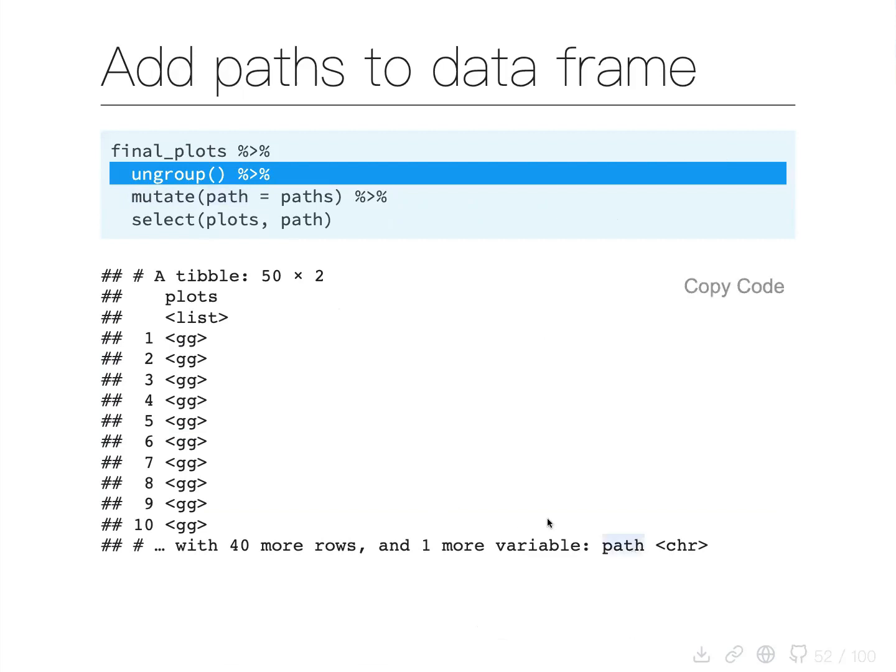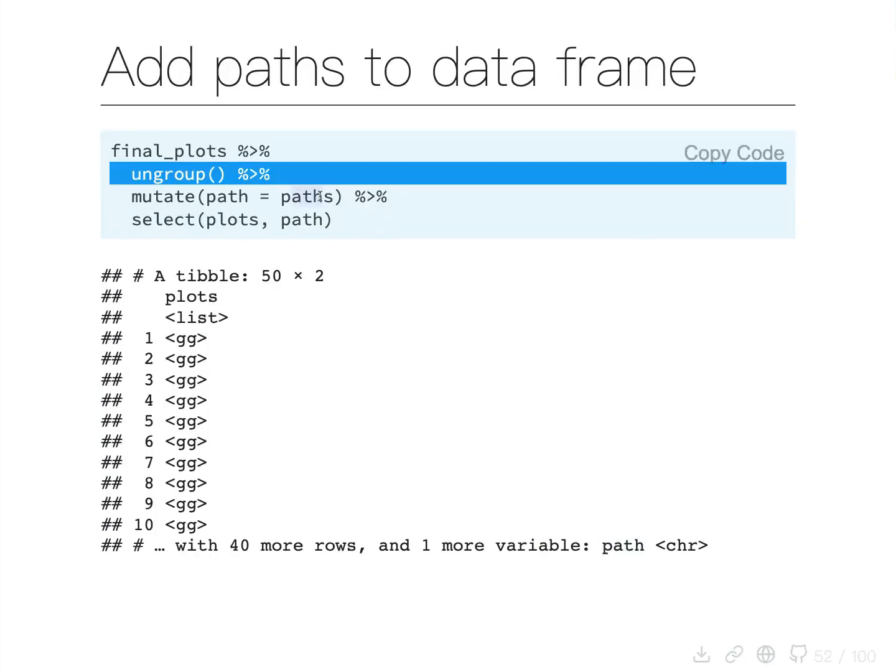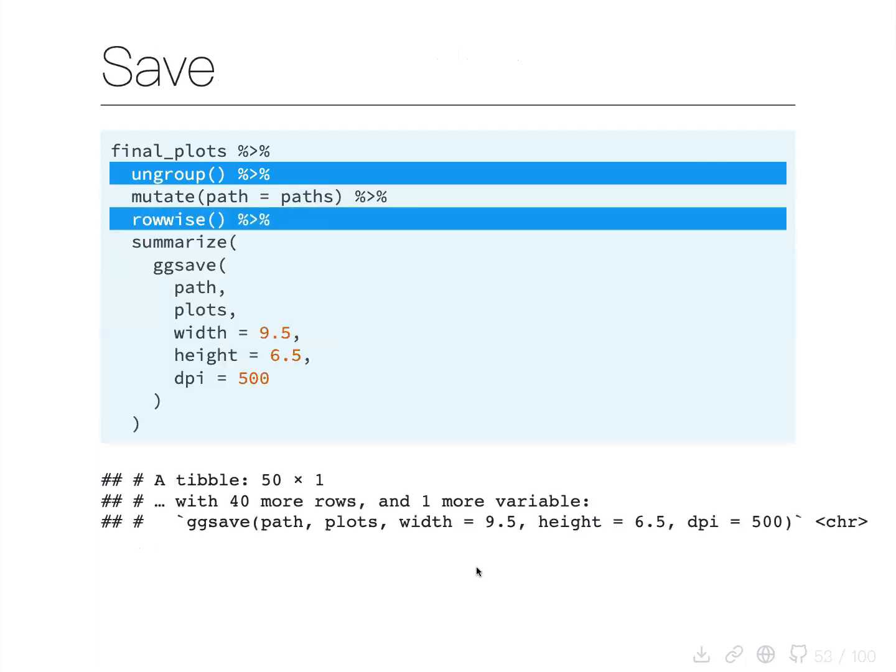Notice path is part of this data frame down here. It's just cut off, and it says with one more variable, right? Path. So path is equal to paths, this thing I created back here. I'm just basically adding it to the data frame. Now I'm saying select plot and path. Here's the plot. There's the path.